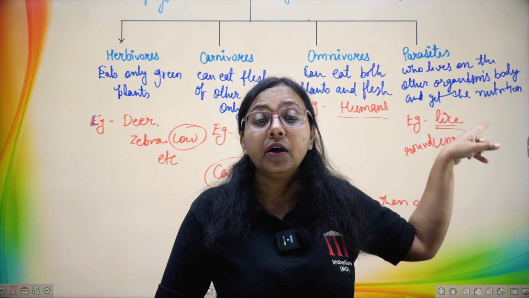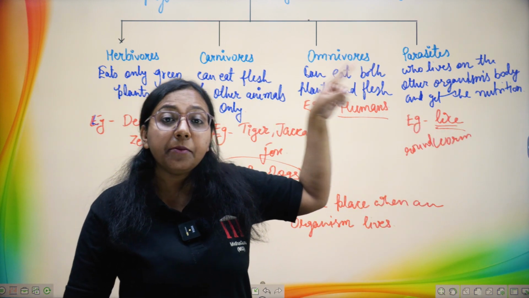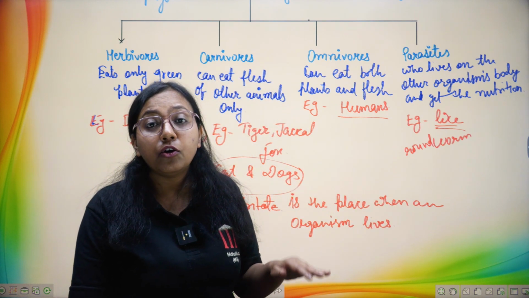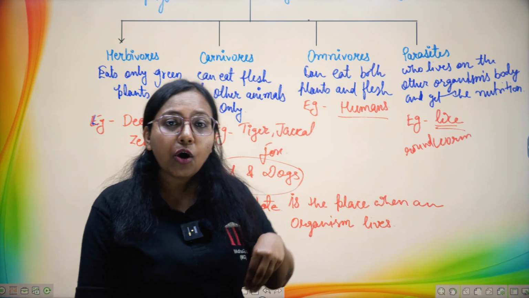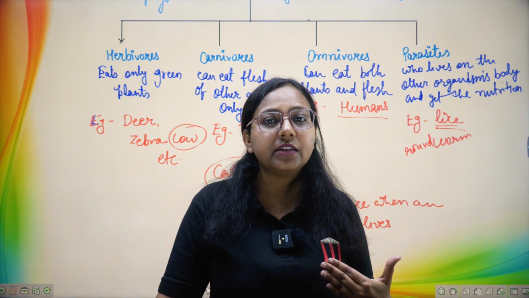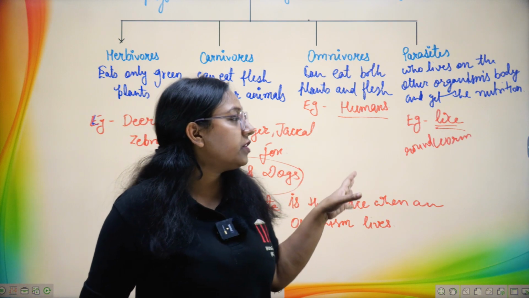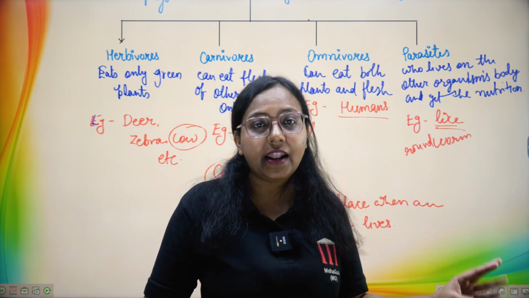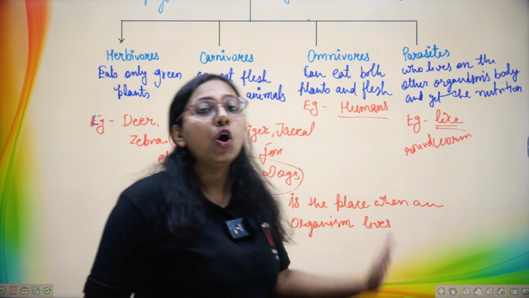They are different from saprophytes, because saprophytes depend upon dead and decaying things, but parasites depend upon living organisms. They live in your body and take nutrition from you, and day by day you start getting weaker because they are eating your nutrition. So obviously they are dangerous, and that is why they are called parasites. They live on other living bodies.